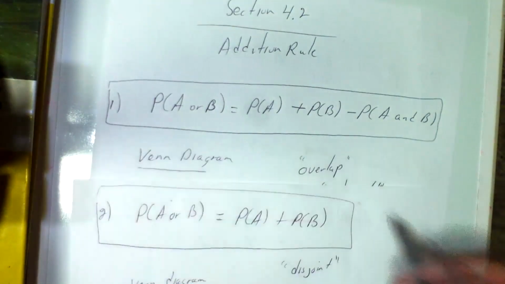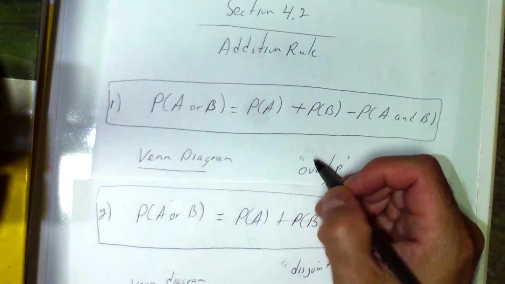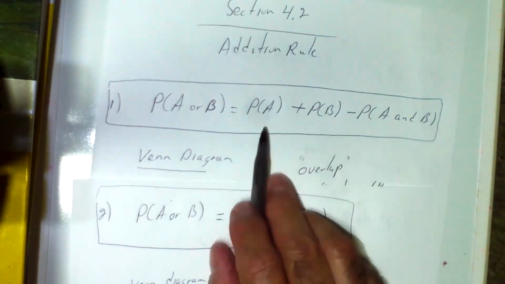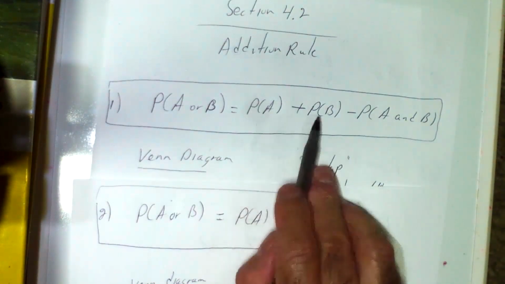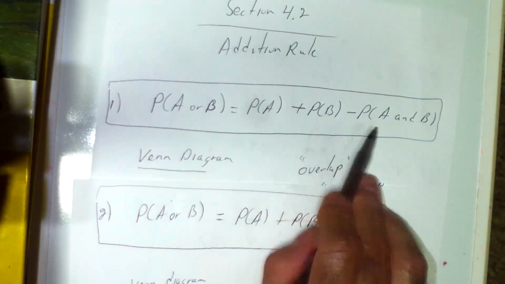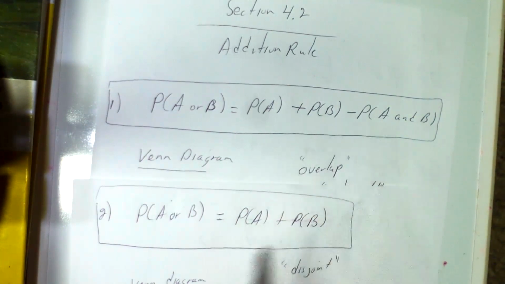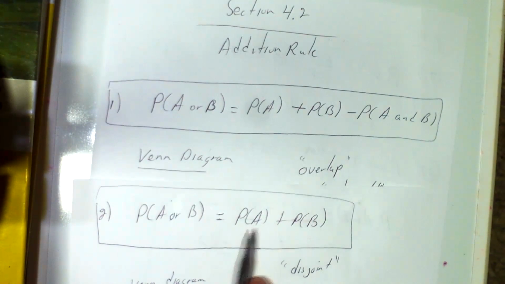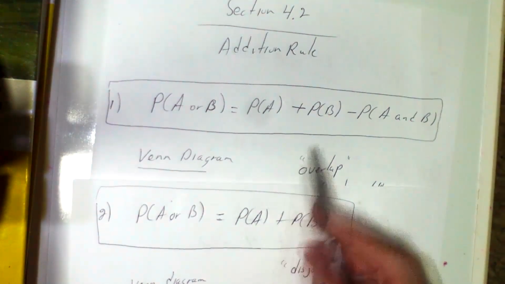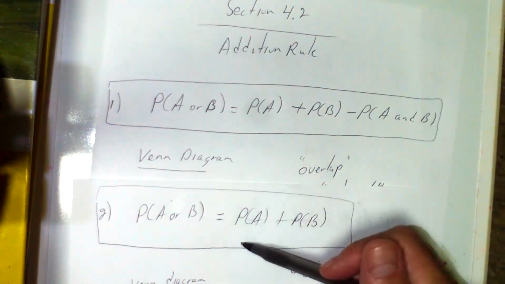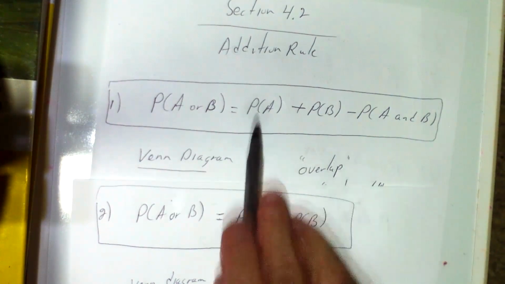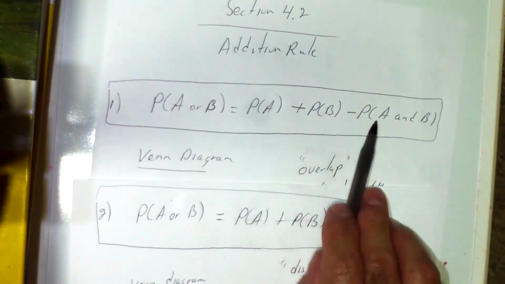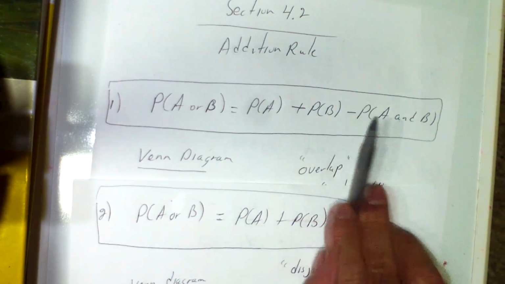Now, when you apply your addition rules, we're going to do parts over total plus parts over total minus parts over total. This one is going to be parts over total plus parts over total. Now, compare the 2 formulas. If you look at both formulas, one of them has an extra part to it.